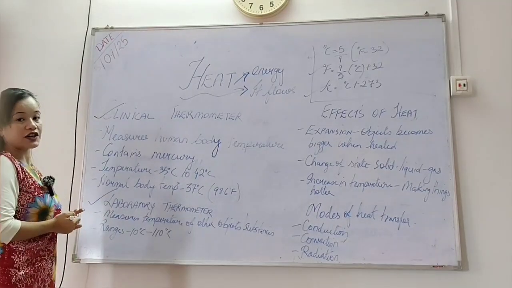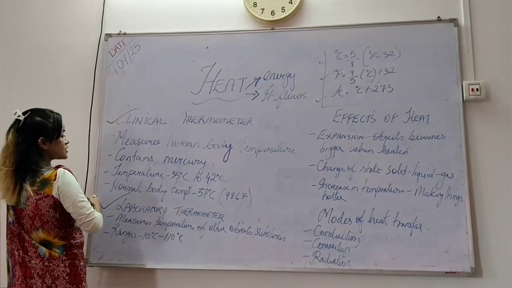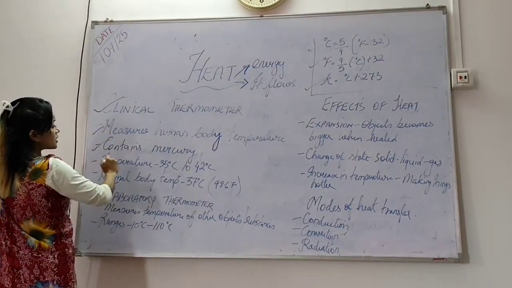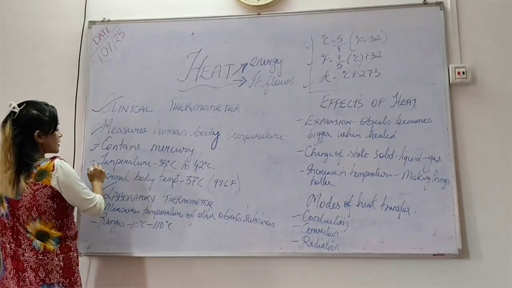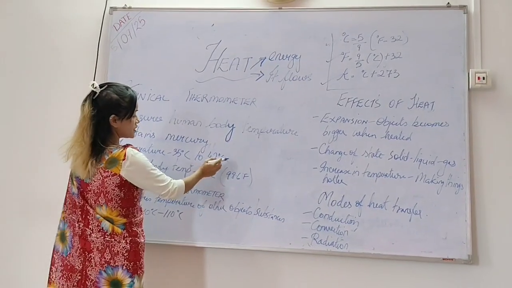If you have a fever, for example, we check the temperature. Inside the thermometer, it contains mercury. The temperature range is from 35 degrees Celsius to 42 degrees Celsius.